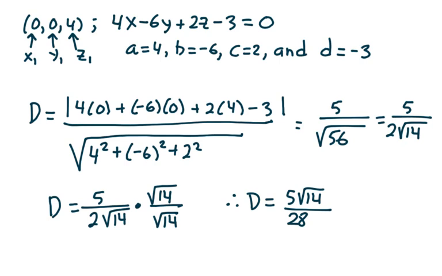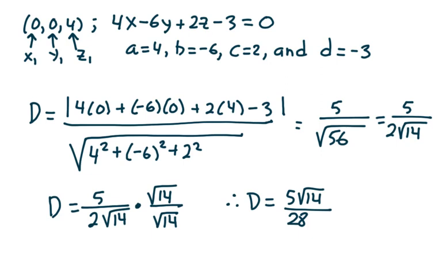So in this problem, x sub 1 is 0, y sub 1 is 0, z sub 1 is 4. And then a equals 4, b equals negative 6, c equals 2, and d equals negative 3. So when I plug this into the formula, capital D is the absolute value of 4 times 0 plus negative 6 times 0 plus 2 times 4 minus 3, all divided by the square root of 4 squared plus negative 6 squared plus 2 squared.